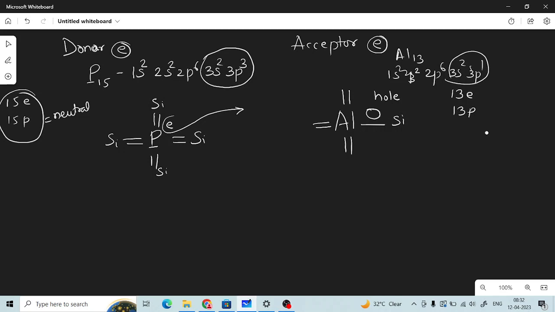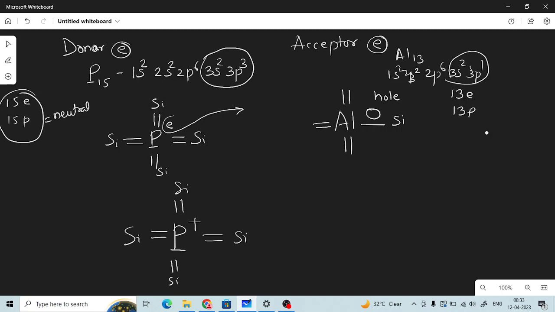Now let us consider that this electron is removed from here somehow. Because this electron has higher energy than the other bound electrons, it is free, so it can move away, and this phosphorus can now become a positively charged ion, and the bonds stay as they are.